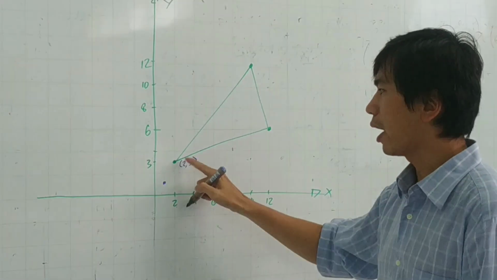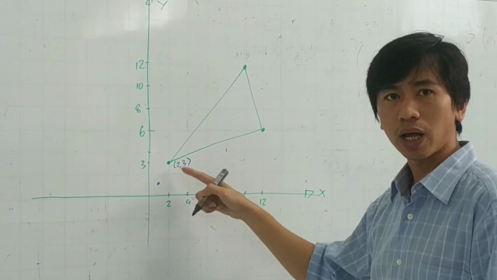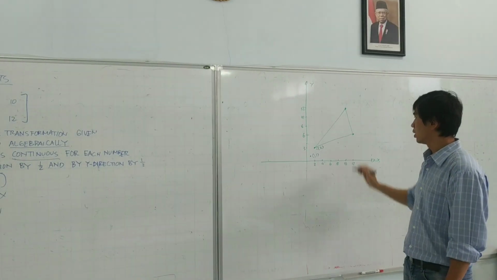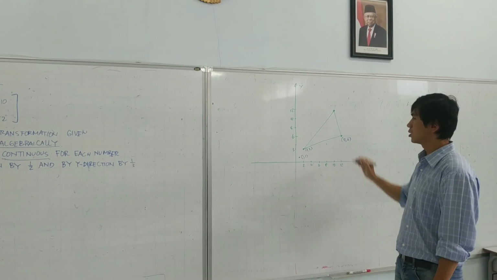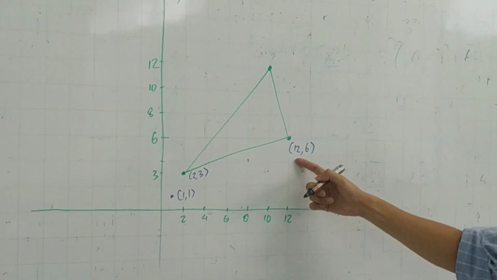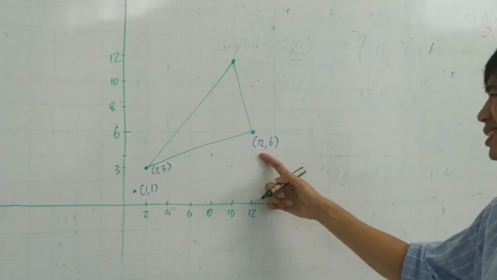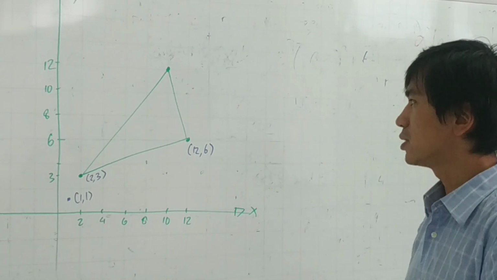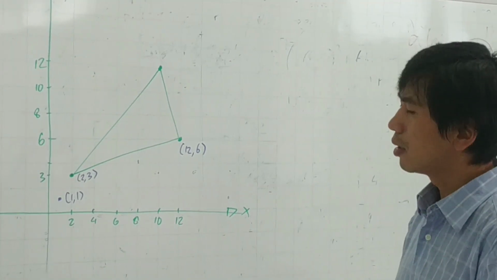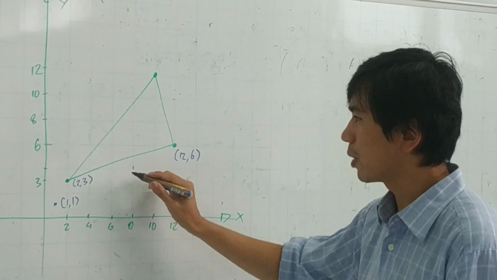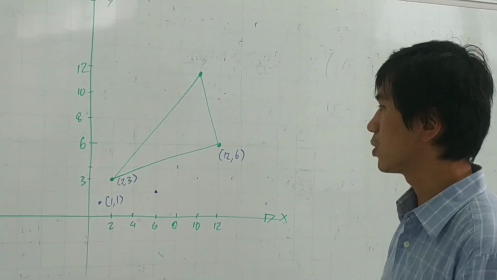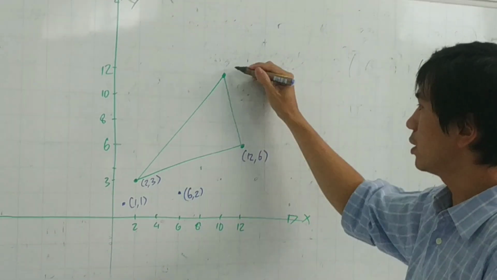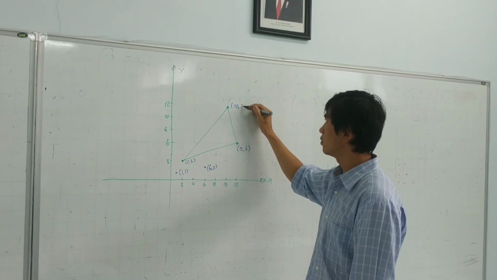Because the x is multiplied by half and the y is multiplied by 1/3. For (12, 6), times half gives 6, and times 1/3 gives 2, so you get (6, 2), which is over here.